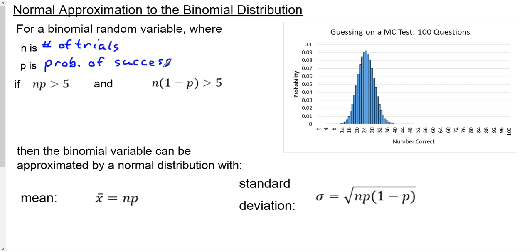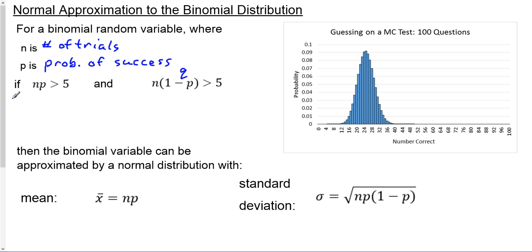The criteria for figuring out if the normal approximation applies is if n times the probability of success is greater than 5 and n times 1 minus p, or q, the probability of failure, is also greater than 5.